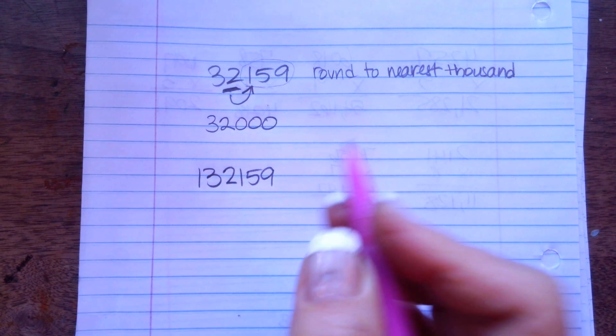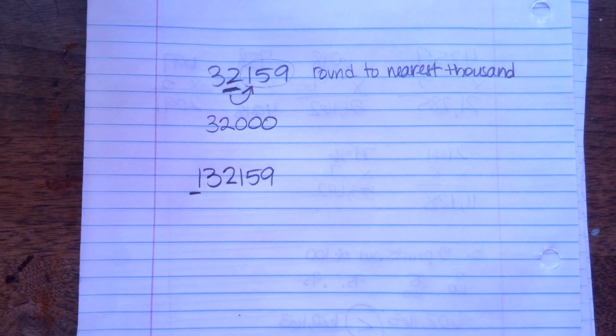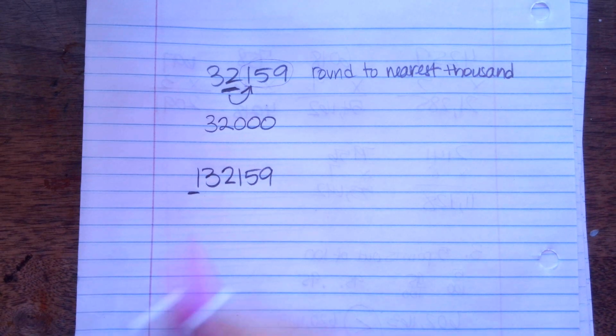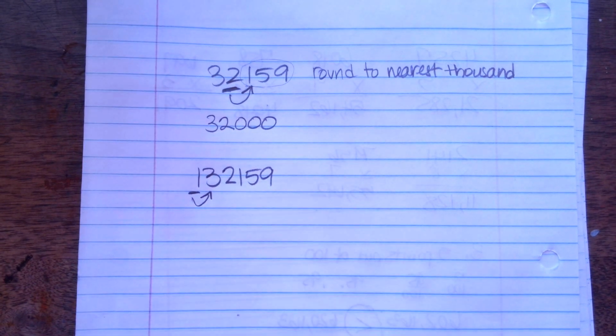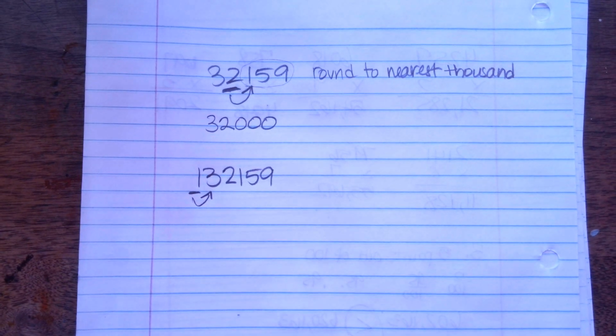How about this one? 132,000. We're rounding to the nearest 100,000. So I'm going to underline the 1. And then what am I going to do from there? Get your neighbor. 4 or less, let it rest. 5 or more, let it soar. So it's a 4 or less. Then turn every number after the underlined digit a 0. Okay, so you're still a little bit confused.